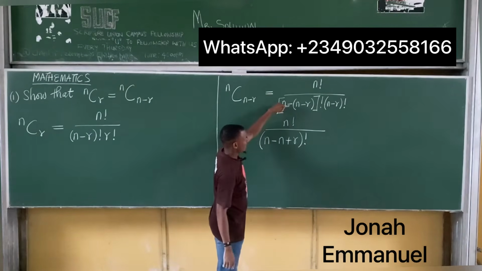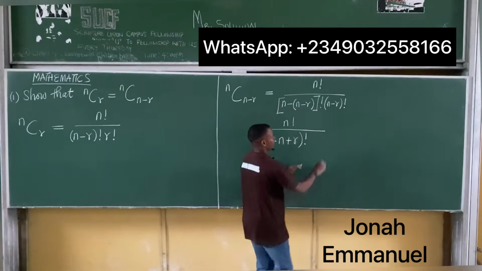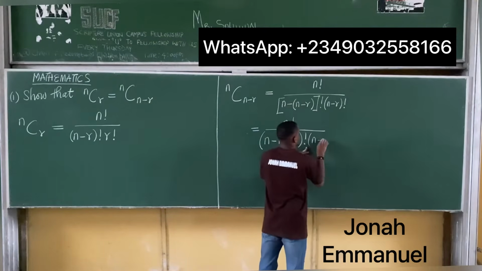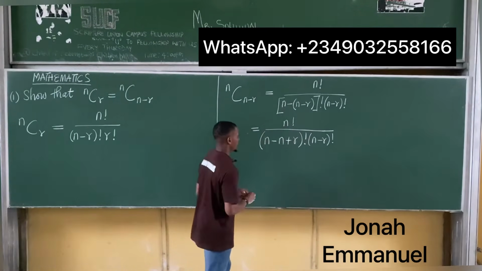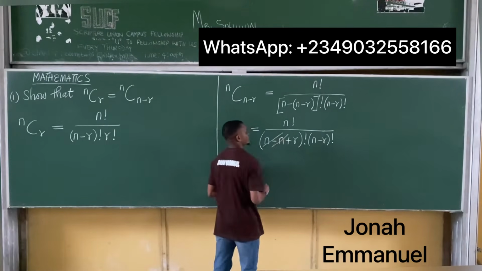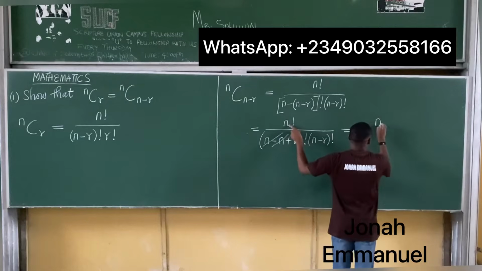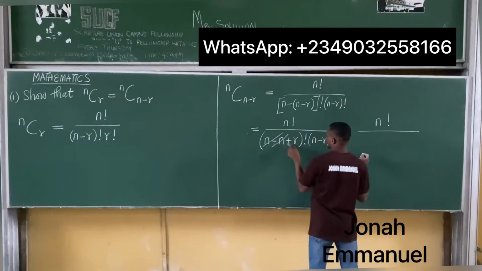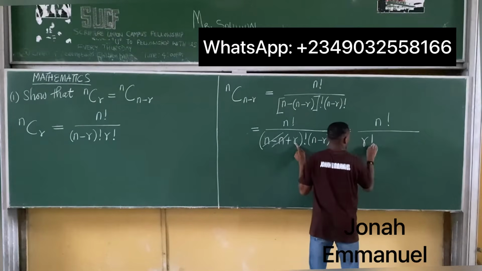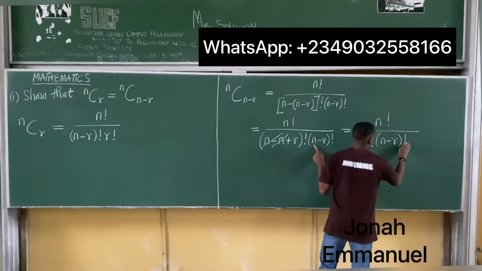So n minus this, minus n, minus minus is plus r factorial, and then this one here, n minus r factorial. So I have this. From here, n minus n will cancel out. So this is now equal to n factorial all over, I'm left with just plus r, that's r factorial into n minus r factorial.